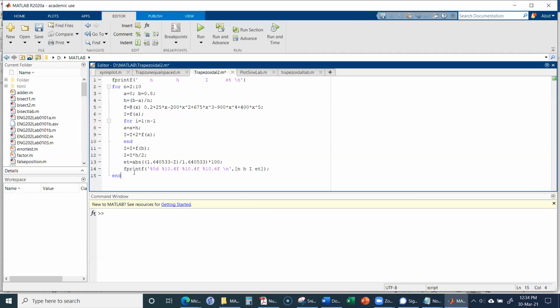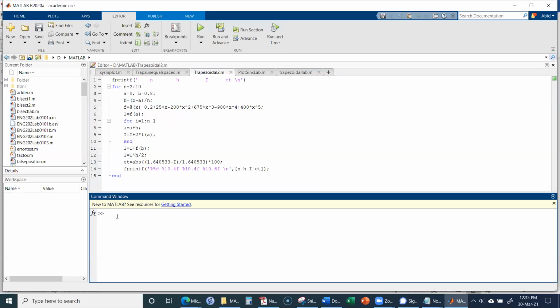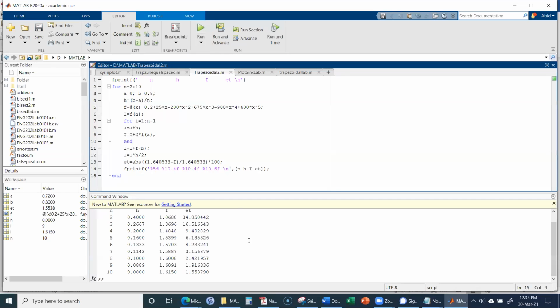And this is the full script. In this full script, I have added the error term as well, and then the fprintf command. So maybe now I can run it, and then you can see that now I get this table.